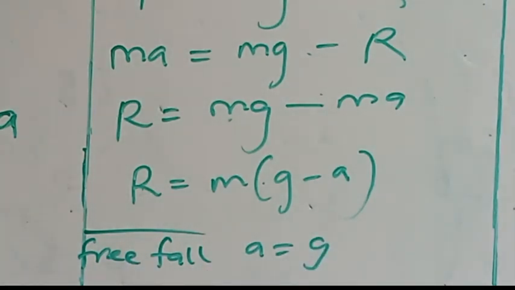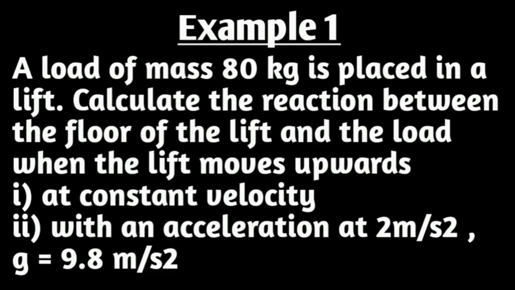Let's take a calculation example. A load of mass 80 kg is placed in a lift. Calculate the reaction between the floor of the lift and the load when the lift moves upwards, i, at constant velocity, ii, with an acceleration of 2 meter per second square.